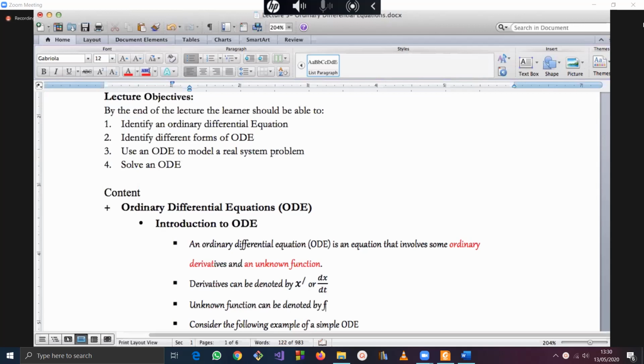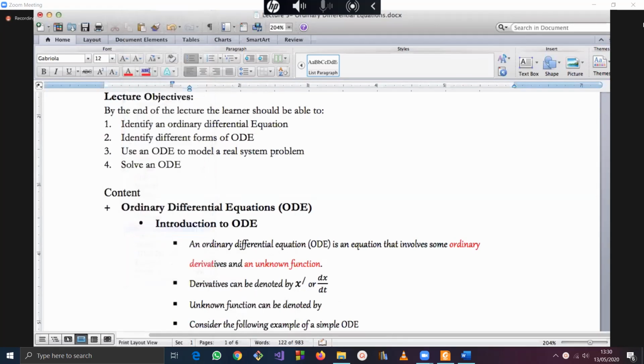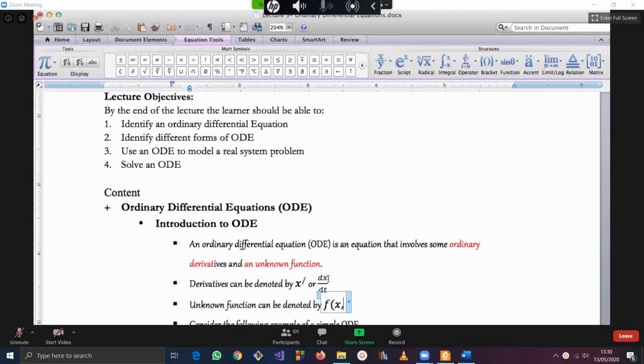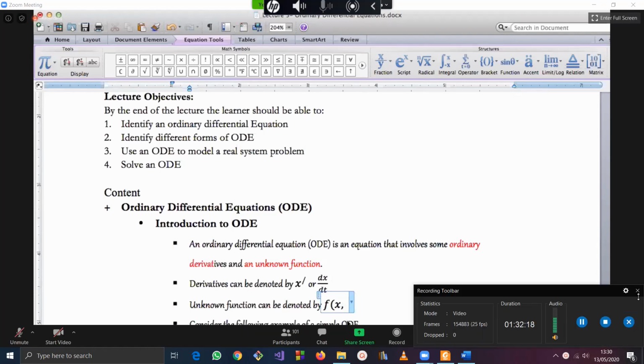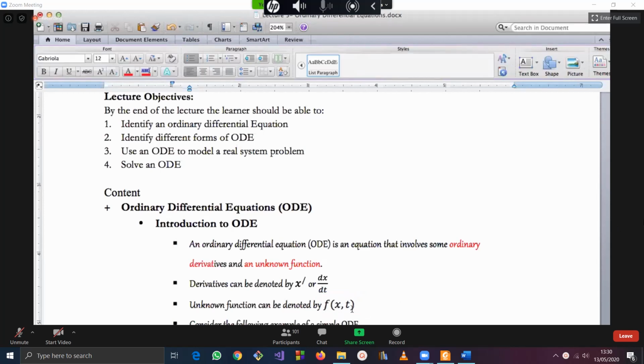Ordinarily, we normally say it is f, which stands for function. So we can say f, and inside maybe we say it's a function of x. But if I'm dealing with the upper one here, you see I'm saying there is x and then there is t. So I'm actually saying it is dependent on this.